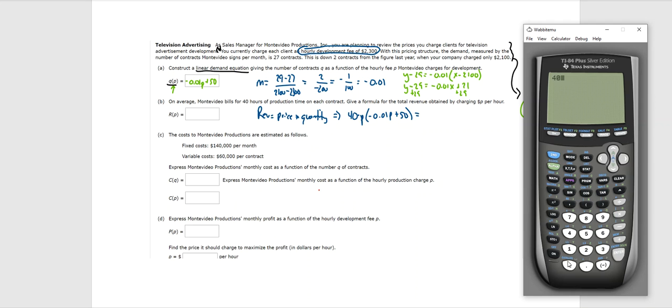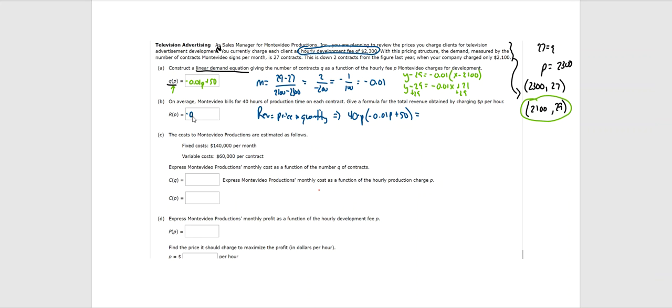So we'll do 40 times a negative 0.01, and we'll have a negative 0.4 p squared, right? Because when I multiply these two by this, p times p is p squared. When I multiply here, 40 times 50, that's 4 times 5 is 20.